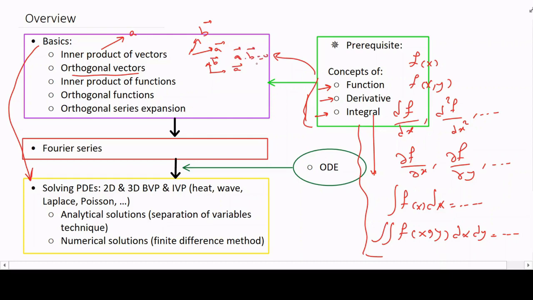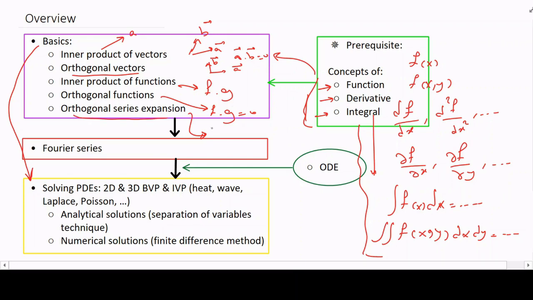We're going to extend this concept to functions, and we introduce the concept of inner product for functions, and by analogy we call two functions orthogonal when their inner product is 0. And from that we introduce a very important concept, orthogonal series expansion.